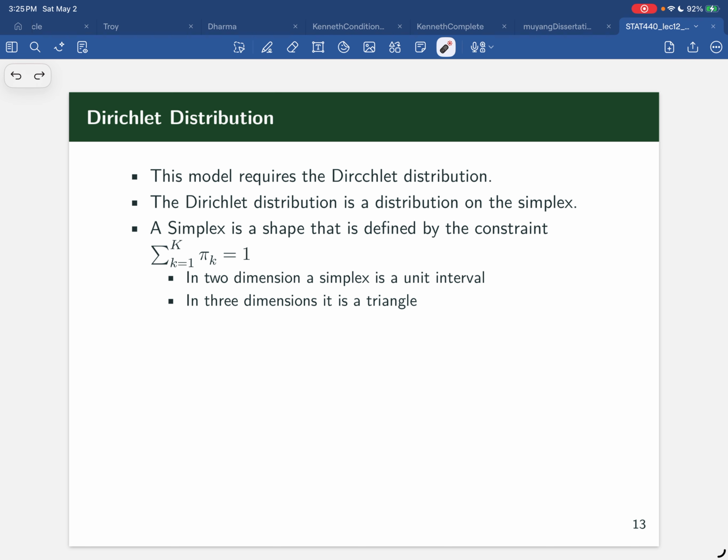You're familiar with the normal, so let's jump right to the Dirichlet distribution. The Dirichlet distribution takes values on the simplex. What is the simplex? It's exactly what we need. The simplex is the set of points which sum to 1.